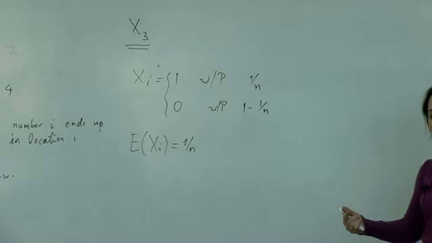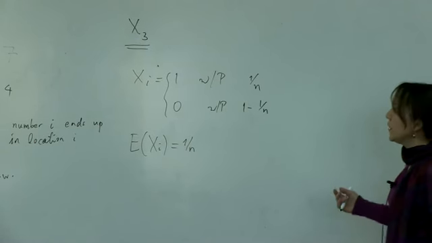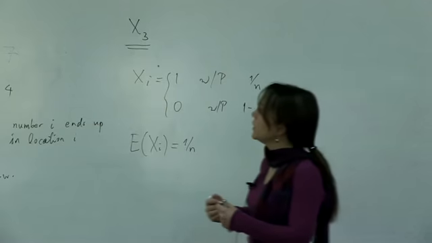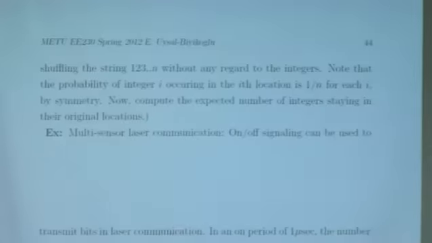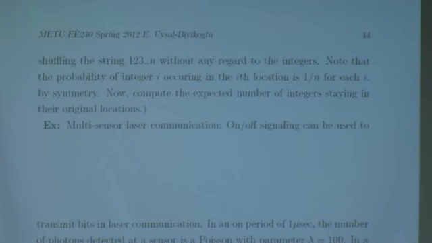Now the next thing to notice in this example: what are we looking for? We are looking for the total number of integers staying in their original locations, and we're looking for only the expected value of this number.